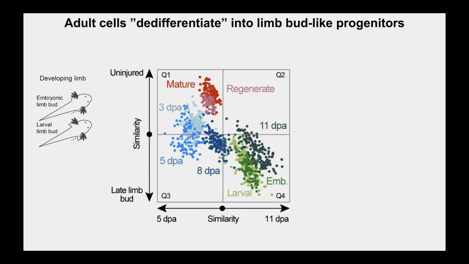And so, of course, then the mature cells here marked in red express the uninjured program. But then as the cells go through the regeneration time course, they go through a unique state. But by 11 days post-amputation, the blastema cells are very similar to an embryonic or larval limb bud cell.